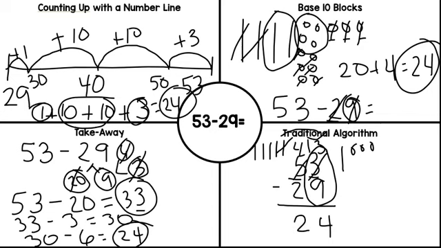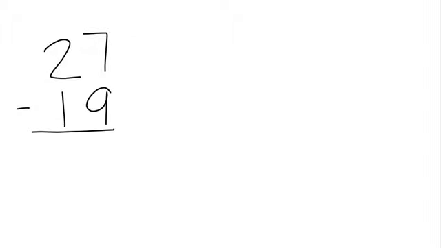Let's do another practice with the traditional algorithm. Okay, 27 minus 19. Okay, we start in our ones place. If there's more on the floor, meaning your bottom number, you are going to have to go next door and get 10 more. Okay, so we are going to take a 10 away from that 2, which is going to leave us with 1 left.